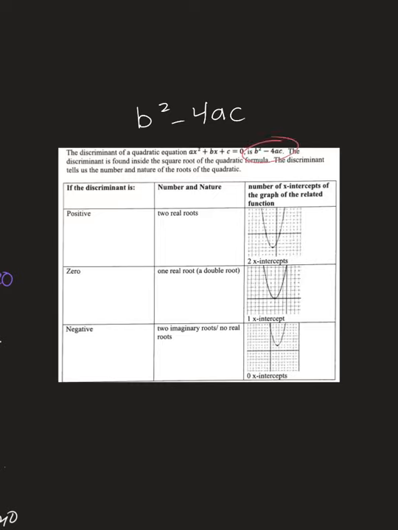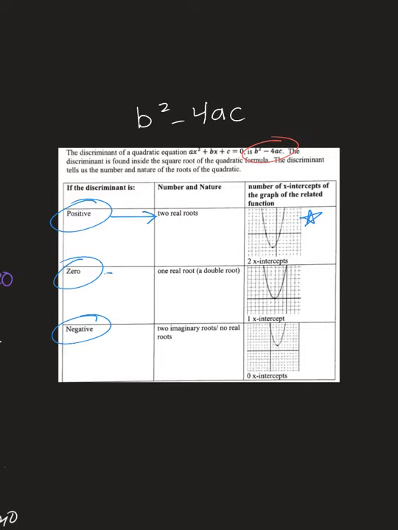Now, when we plug in our values, a, b, and c, into that formula, we're going to get three different outcomes. Either the discriminant is positive, 0, or it's negative. So if it's a positive number, that means that we have two real roots. Visual looks like this.